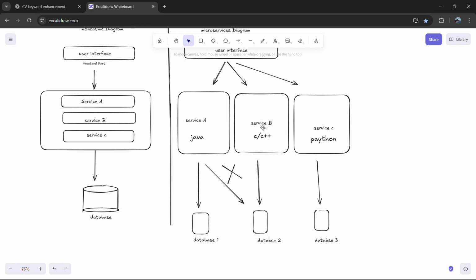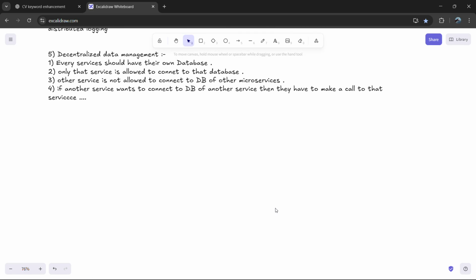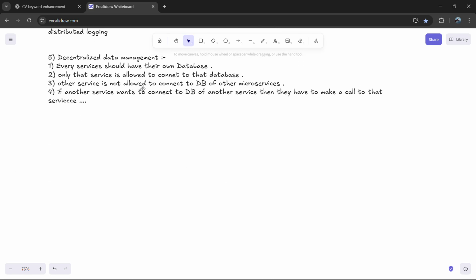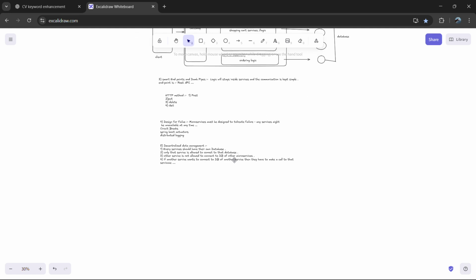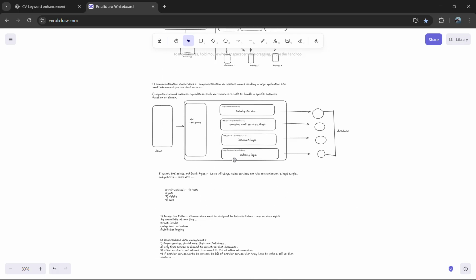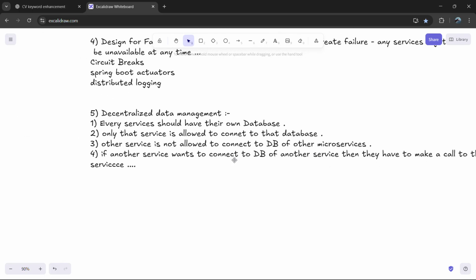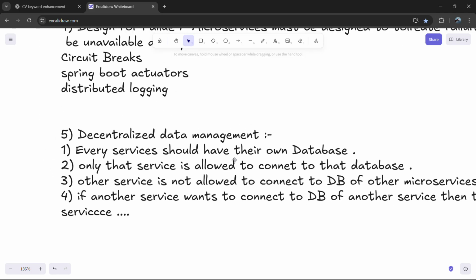So this is the only way to communicate with another database. Other services are not allowed to connect to the DB of other microservices, and if another service wants to connect to the DB of another service, then they have to make a call to that service. Okay, so this is point 5 of the microservices architecture.